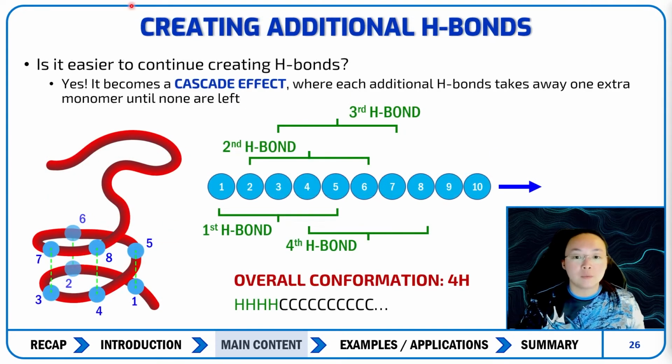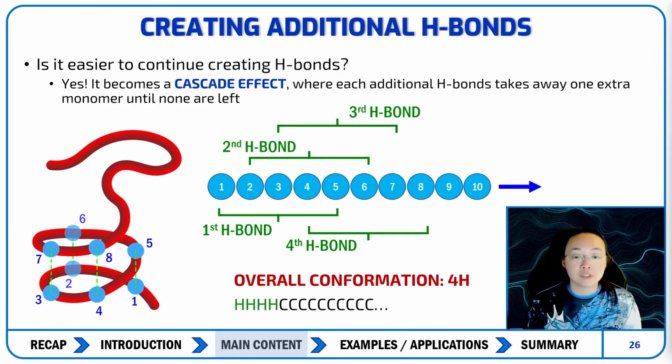So after that, we know that there's going to be the first hydrogen bond between 1 and 5, then between 2 and 6, 3 and 7, and then 4 and 8 to create an alpha helical structure. This essentially is called a cascade effect.